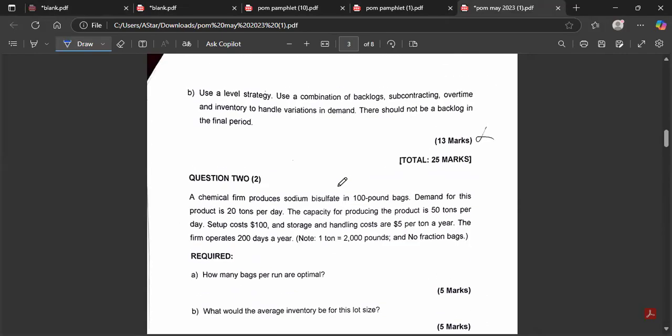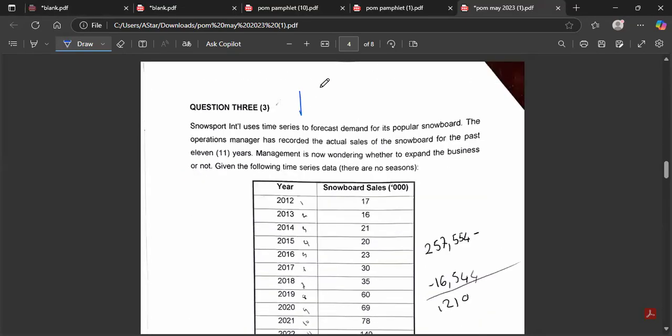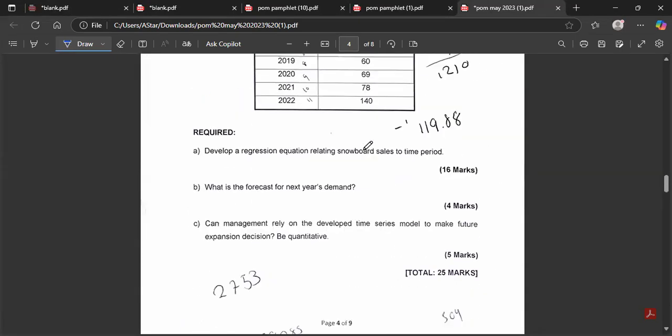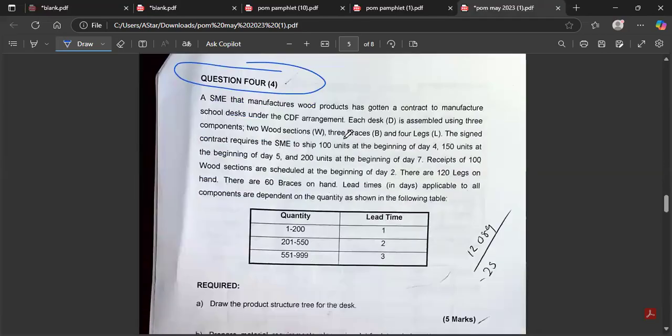Question 2 was inventory, which we did yesterday. Question 3 was forecasting, which we did in the afternoon class today. And question 4, which you're looking at, is on MRP.